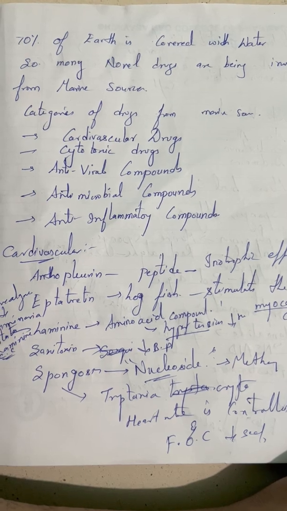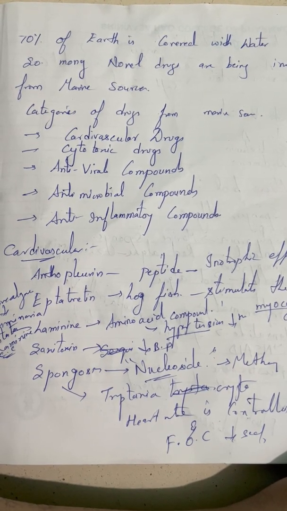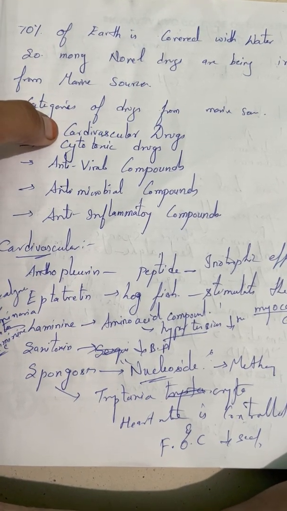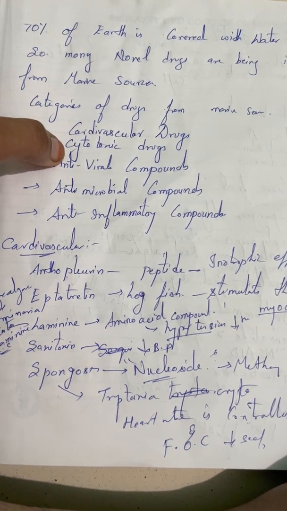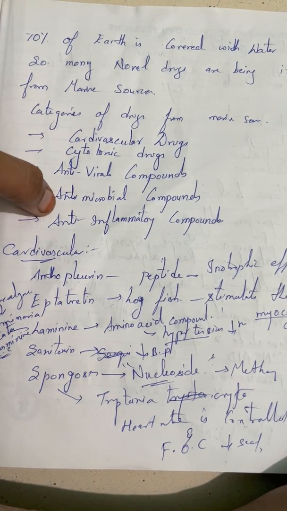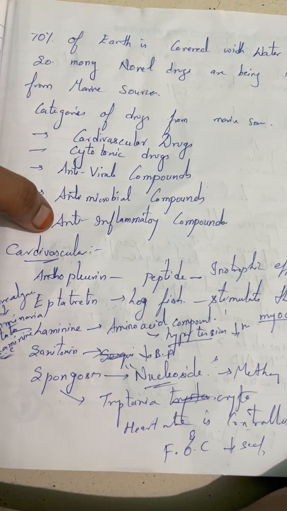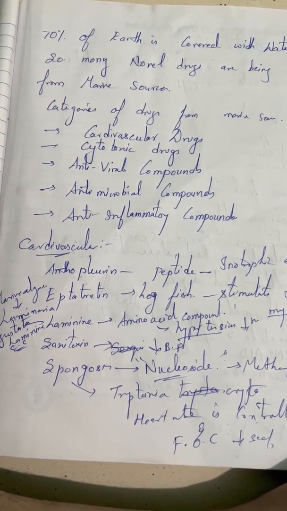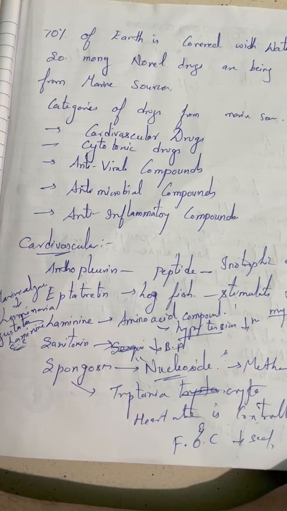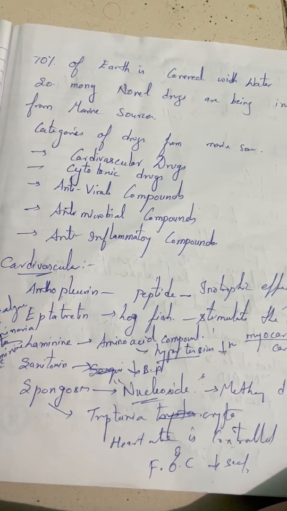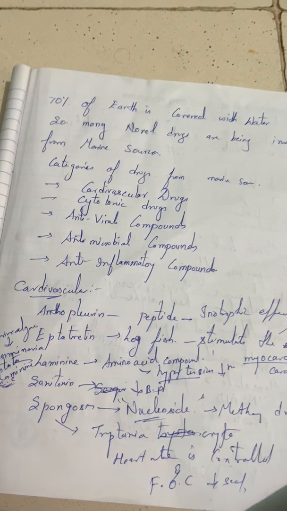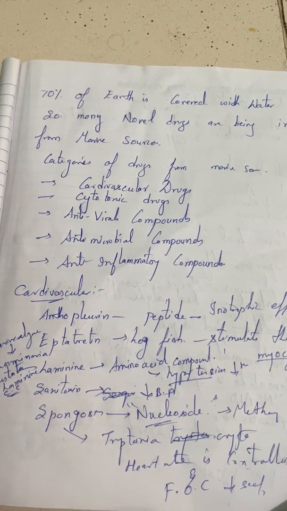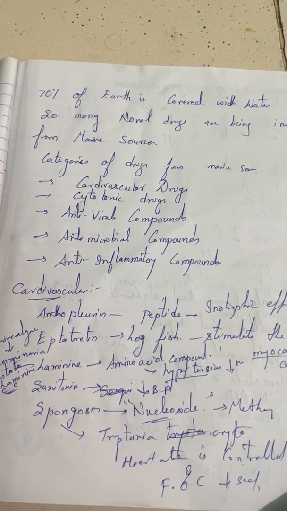We have various categories through which drugs are being obtained from marine sources, like cardiovascular drugs, cytotoxic drugs, antiviral compounds, antimicrobial compounds, anti-inflammatory compounds. And various other categories too, like anti-cancer drugs, nephroprotective, hepatoprotective, anti-tumor drugs.